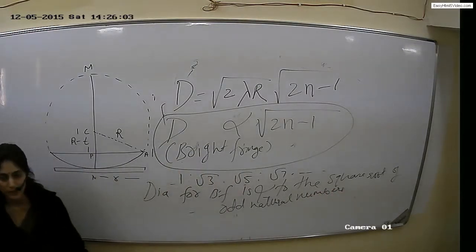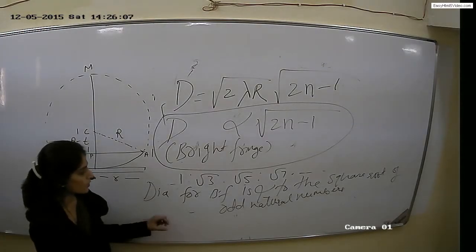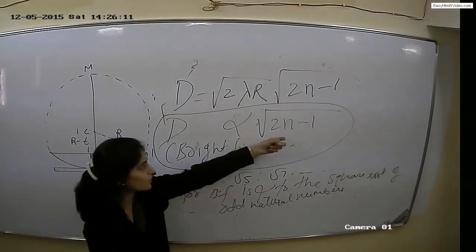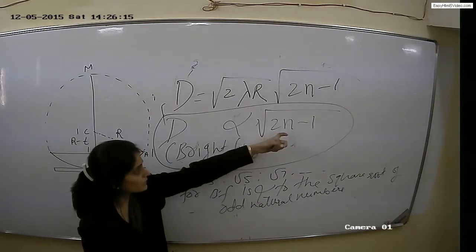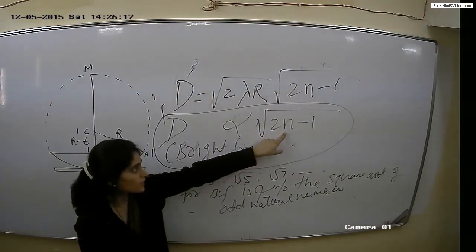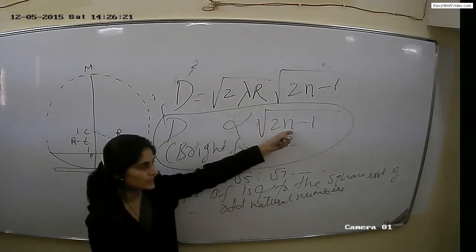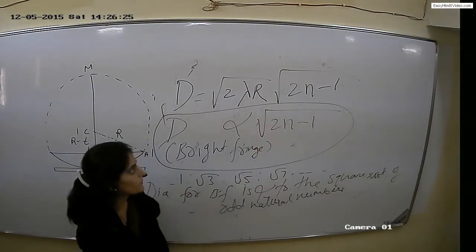So finally we have calculated the diameter of the bright fringe, and it is proportional to the square root of odd natural numbers, that is 2n minus 1. If we substitute n equal to 1, we get 1. If n is 2, we get root 3. If n is 3, we will get root 5, and so on.